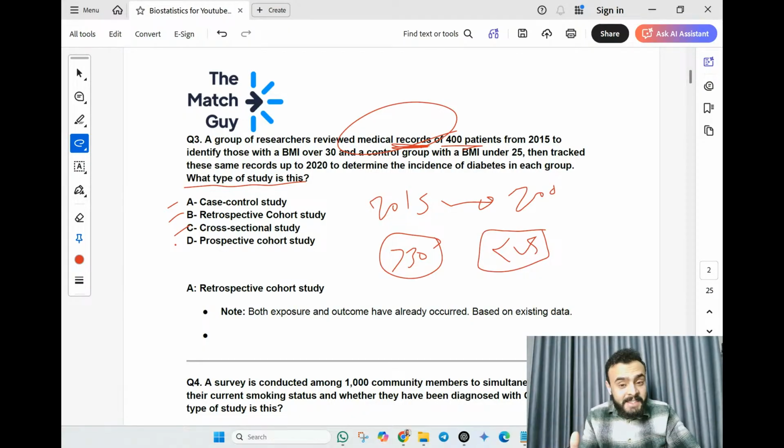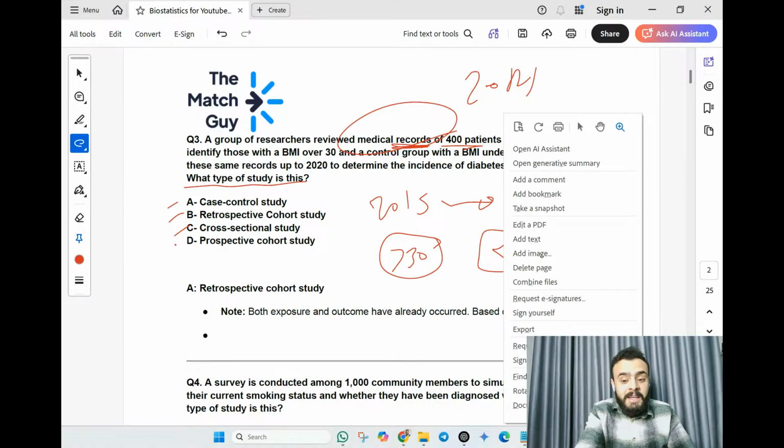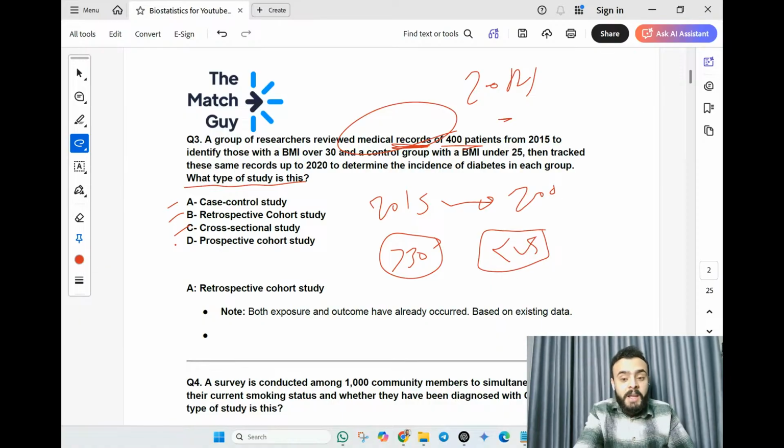Because this design simply goes to a point in the past, for example 2014. I open the medical records in the hospital and follow them until, let's say, 2018. I wanted to study how obesity leads to coronary artery disease.